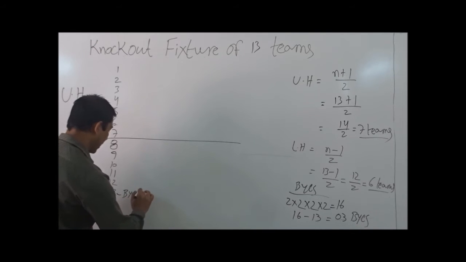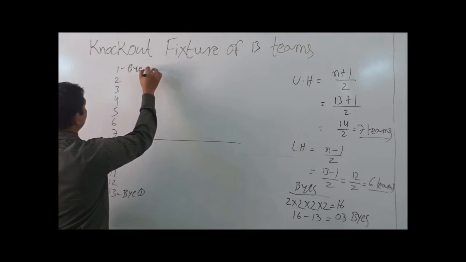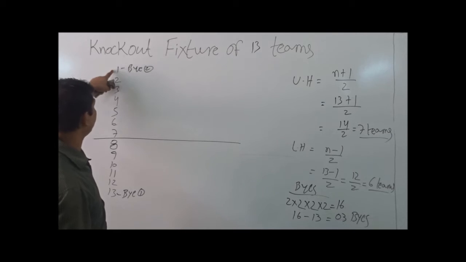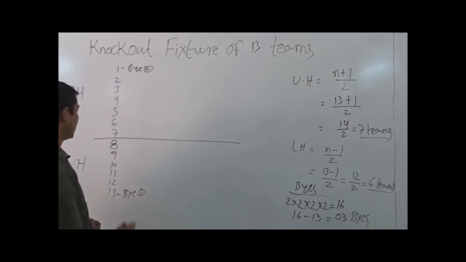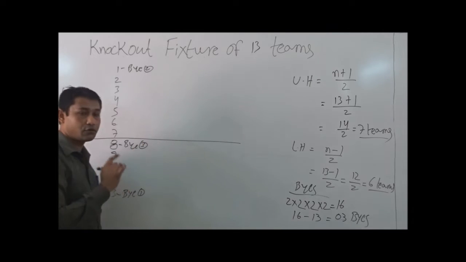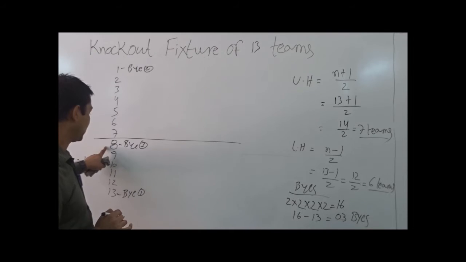Write down bye 1. Second bye is given to the first team of upper half, that is team 1. Third bye is given to the first team of lower half, that is team 8.